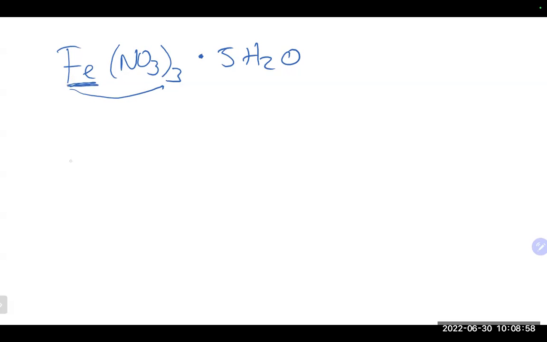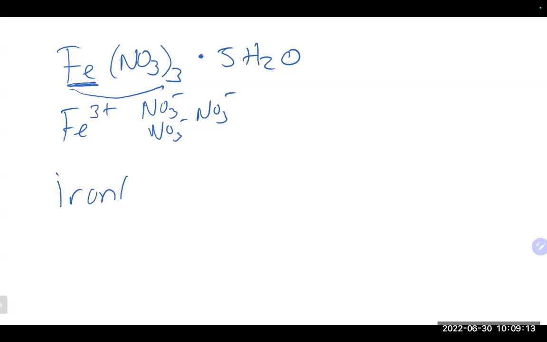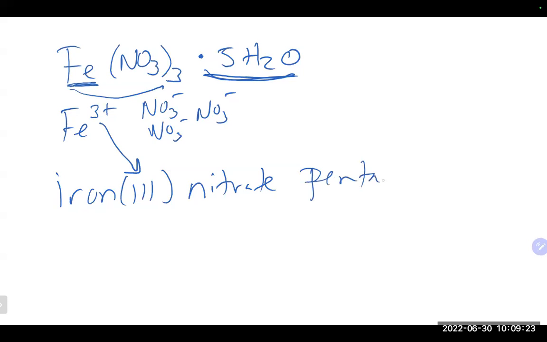That's a transition metal in a type 2. To figure out the charge on it, we do have 3 of the nitrates here, which obviously gives us a -3 overall. That means our iron here is +3. So like normal, this would be iron, Roman numeral 3, nitrate. And once again, the water part here would be named as a hydrate. So this would be pentahydrate.